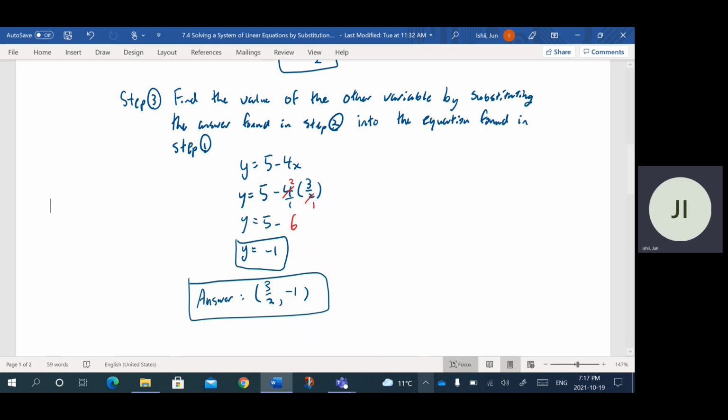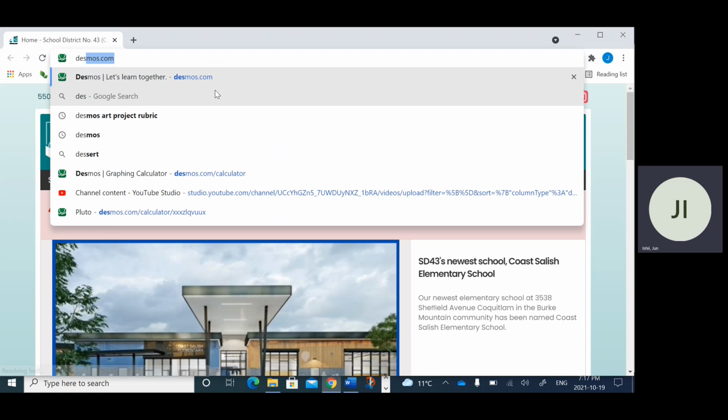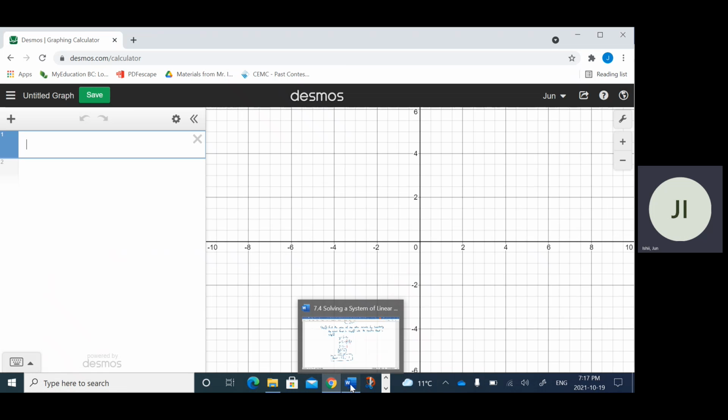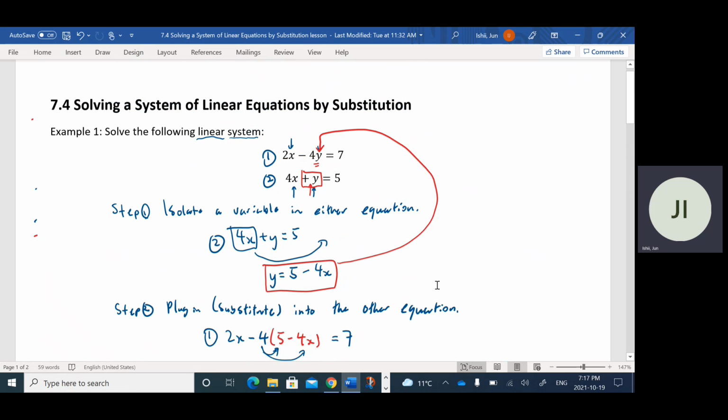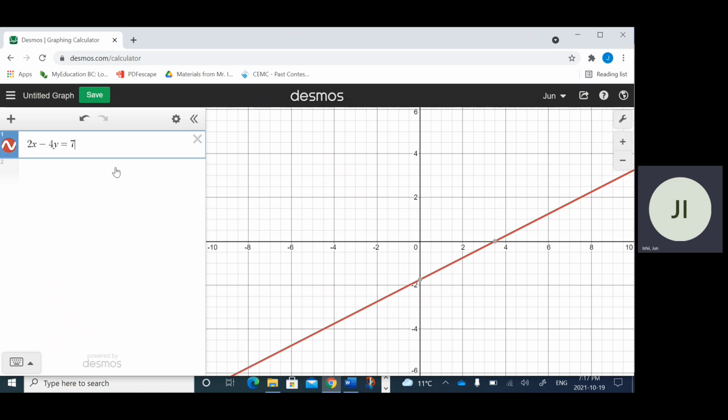Perhaps, actually, just out of curiosity, or just to check our answers, I'm going to check this by using the method we learned in the last lesson, which is graphing. I'm just going to pop up Desmos, and I'm going to do this fairly quickly. All I need to do is graph each one of these. So I'm going to highlight this one here and plug that one in.